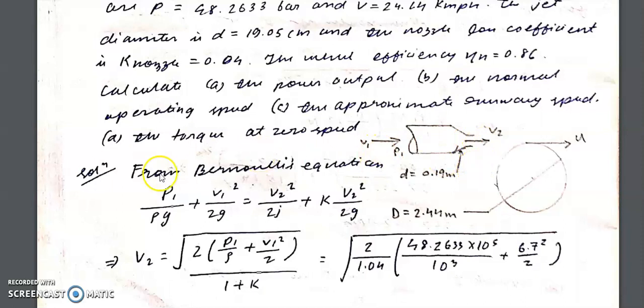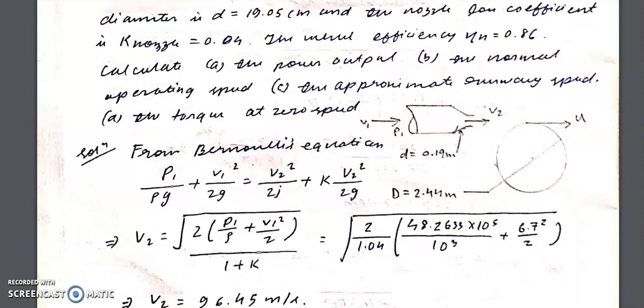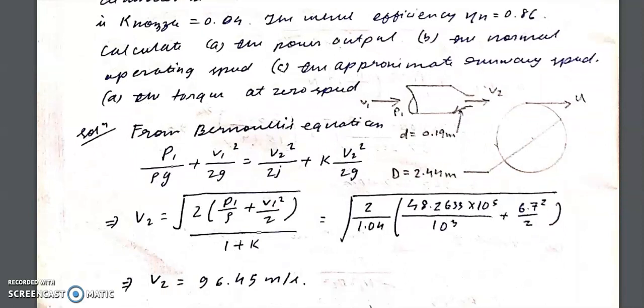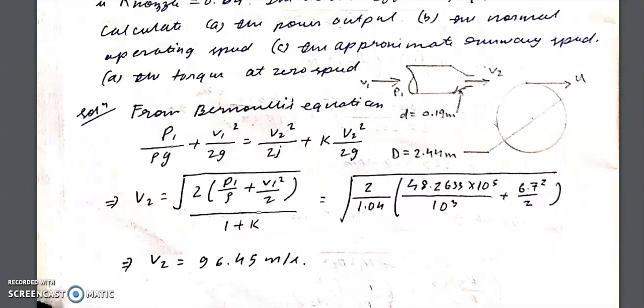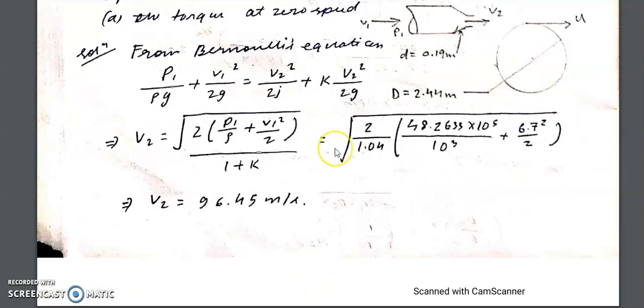By applying Bernoulli's equation, we get P1 by rho g plus V1 square by 2g equal to V2 square by 2g plus K V2 square by 2g, where K is the friction coefficient. By substituting the values, we get V2 equal to 96.45 meter per second.